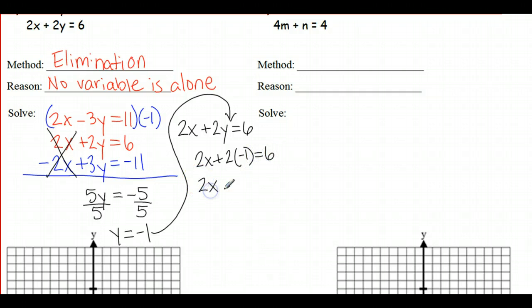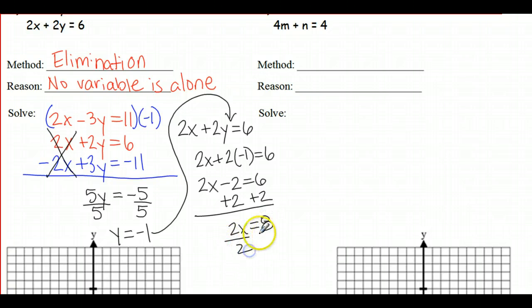We're going to simplify, and we're going to add 2 to both sides, and we get 2x equals 8. Once we divide both sides by 2, we get that x equals 4. So the solution to this linear system is 4, -1.